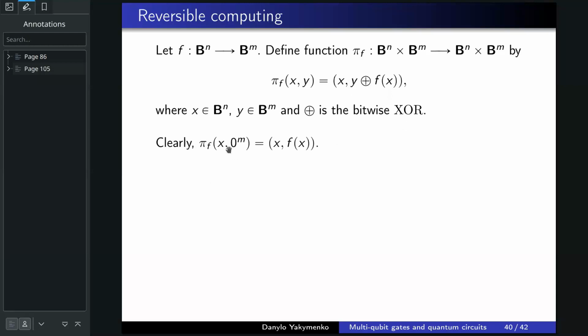Now, clearly, if we take y to be just a string of zeros, then the result of this function will be just x and f of x. So this explains why we call it an extension. If we have access to this function, we can simply compute f of x if we want, just by putting these arguments as inputs.